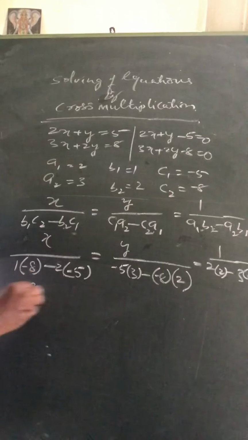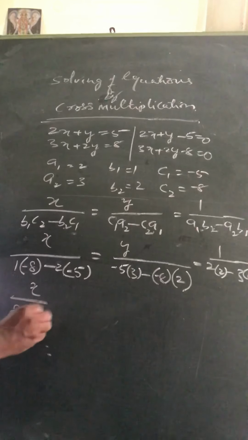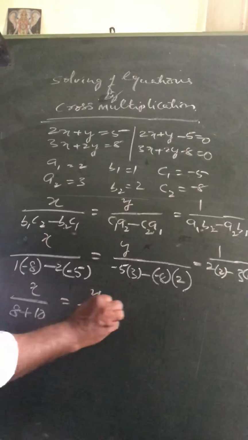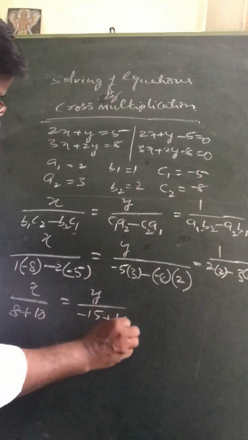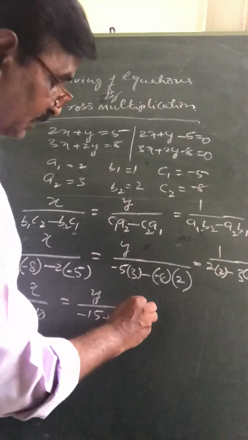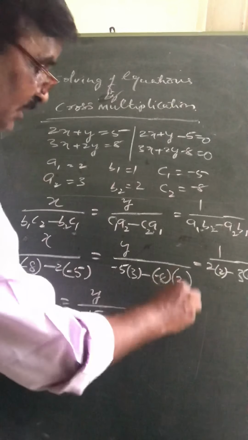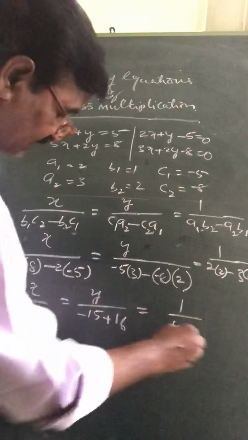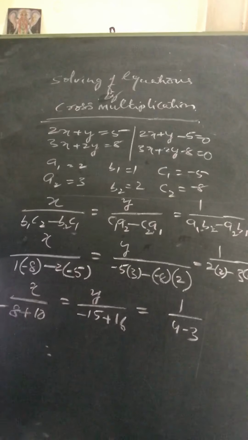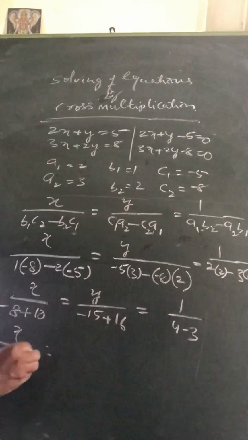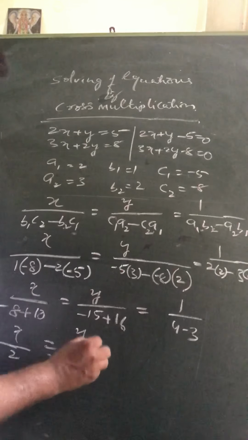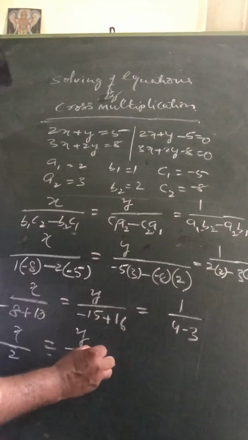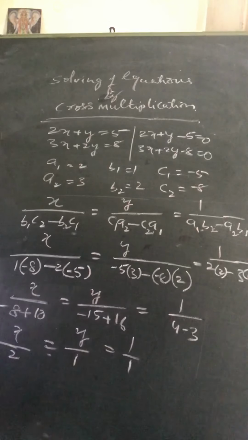Simplify: x by minus 8 plus 10 is equal to y by minus 15 plus 16 is equal to 1 by 4 minus 3. That is, x by 2 is equal to y by 1 is equal to 1 by 1.